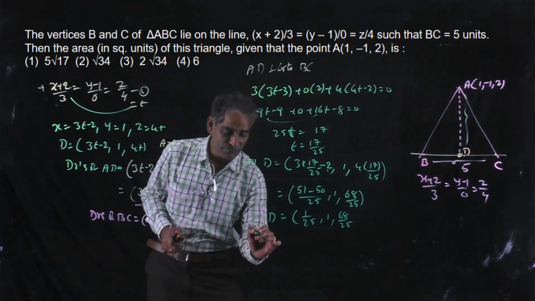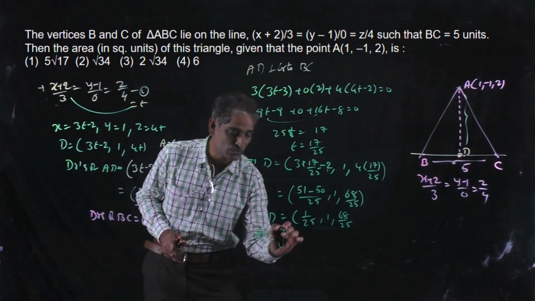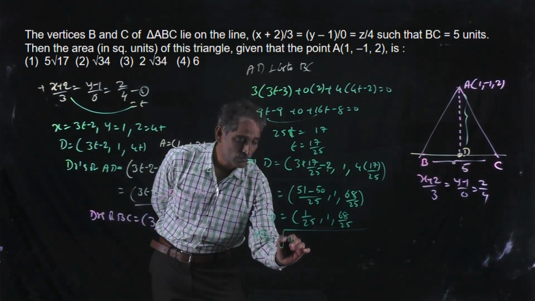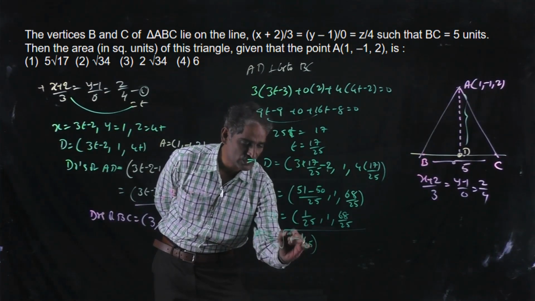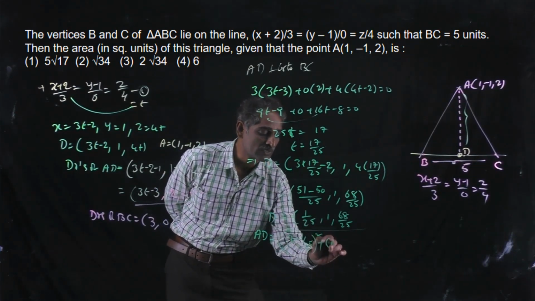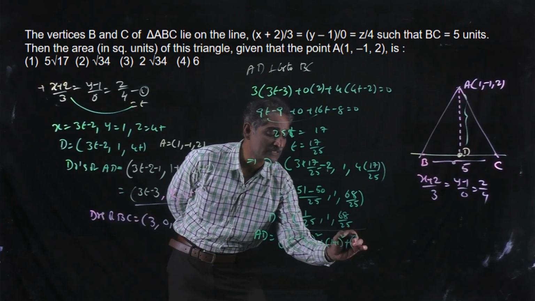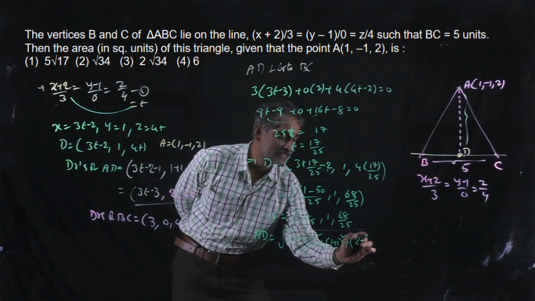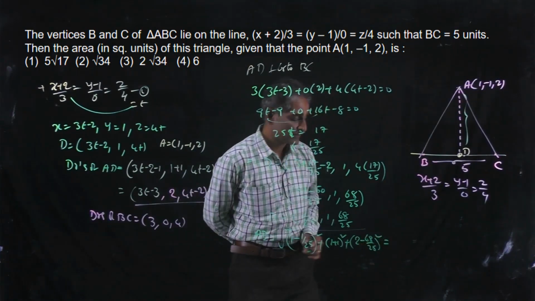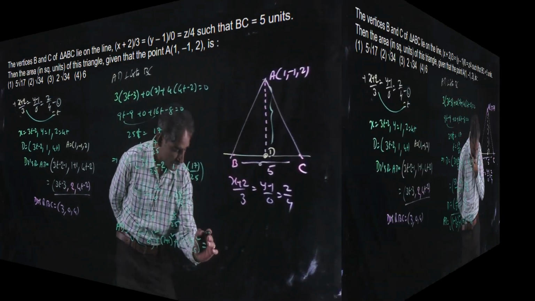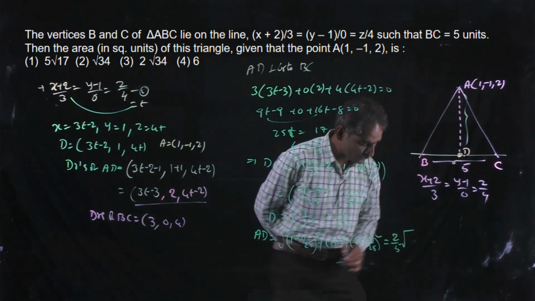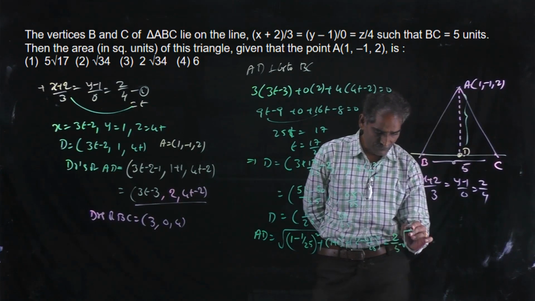If you know the AD and BC lengths, you can find the area, half into base into height. Now the length of AD is equal to the root of x2 minus x1 whole square, that means 1 minus 1 by 25 whole square plus 1 minus of minus 1, 1 plus 1 whole square plus 2 minus 68 by 25 whole square. Simplifying, we get 2 by 5 into root of 34.